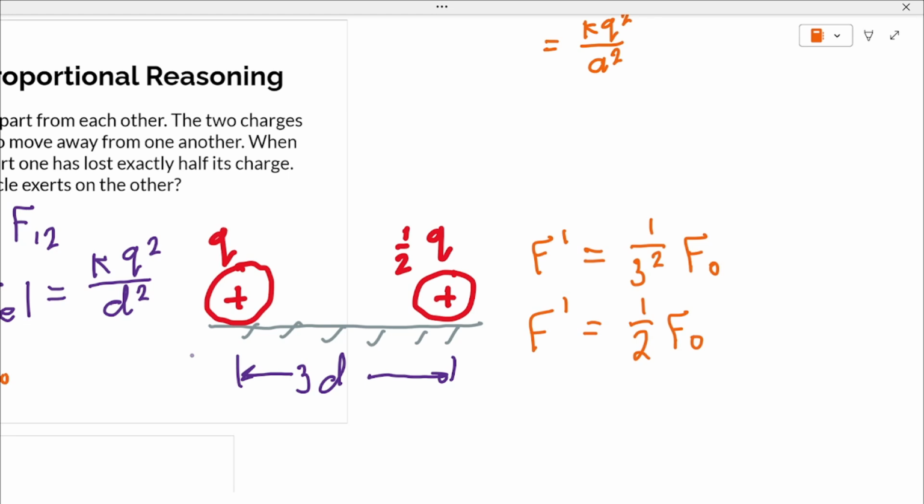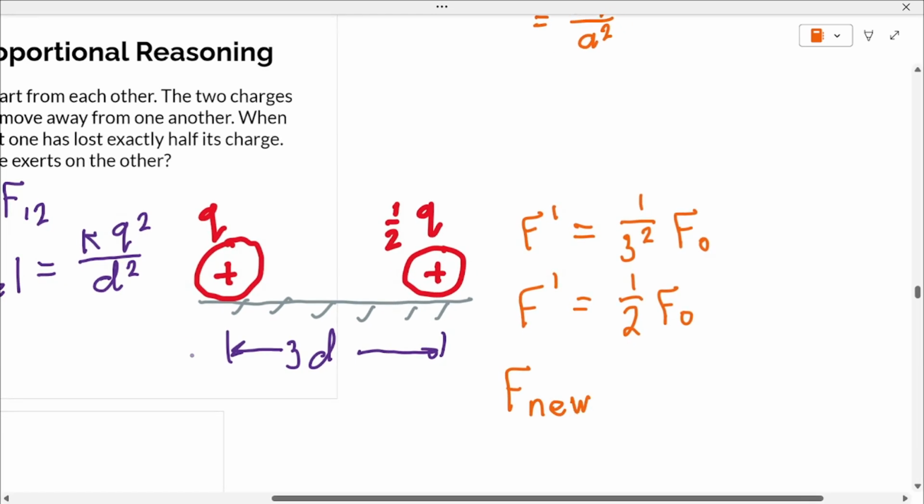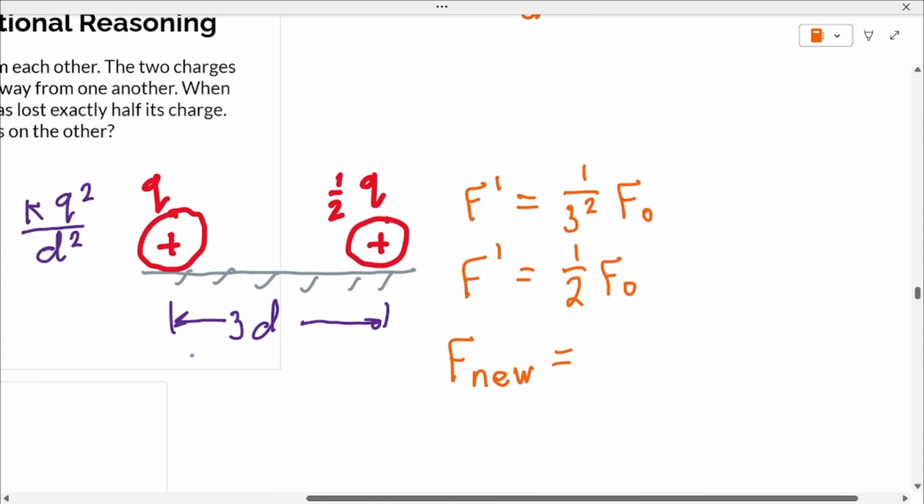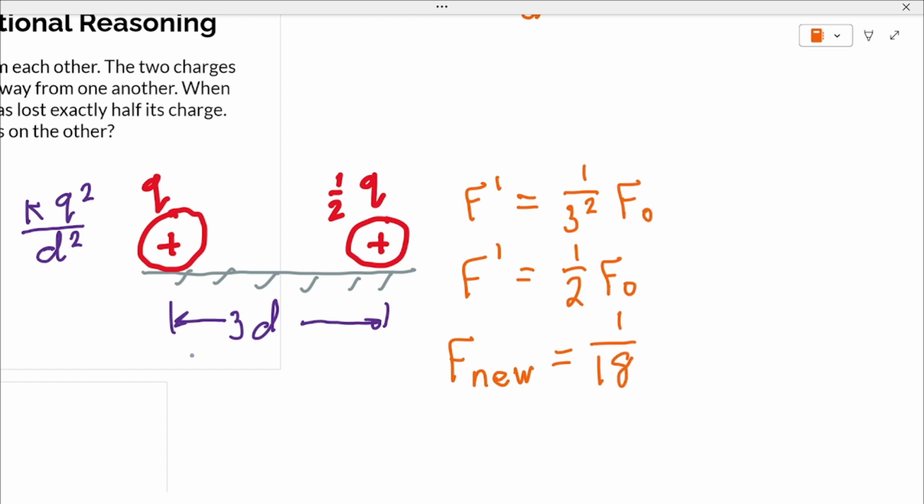So the actual new force, taking into consideration these two changes, is going to be the multiple of 1/9 times 1/2, or 1/18th the original force.